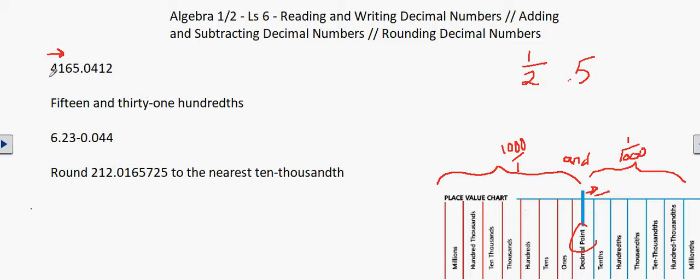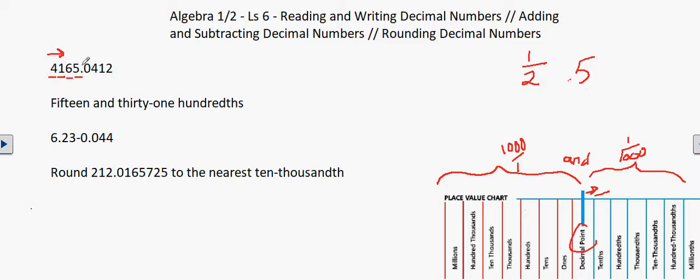4,000, right? This is the 1, 2, 3, 4, fourth to the left. So according to your place value chart, 4,165. Don't put the "and" in there, and now we're finding out why.